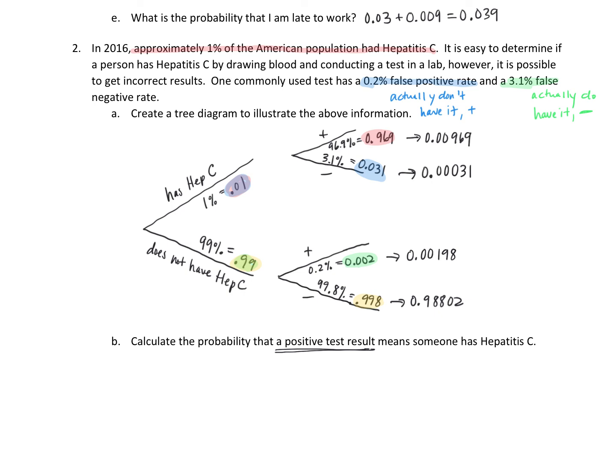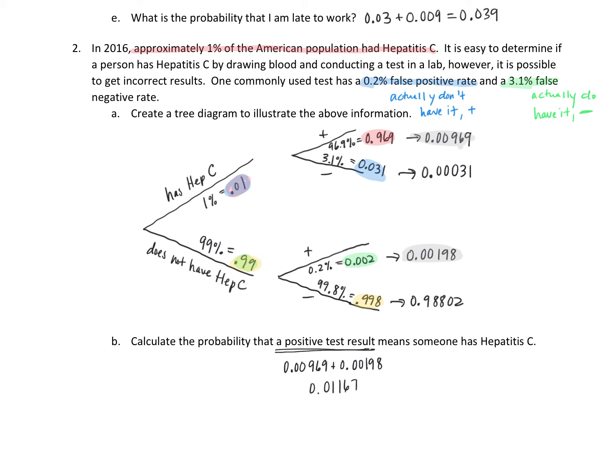Positive is up here, 0.00969, and here. This is also for the positive branch, 0.00198. So those are the two options, 0.00969 plus 0.00198. So if we add those together, we get 0.01167.